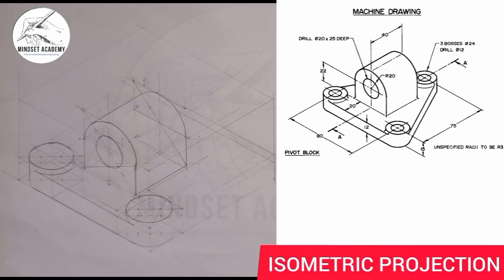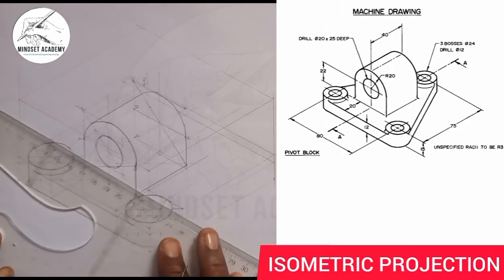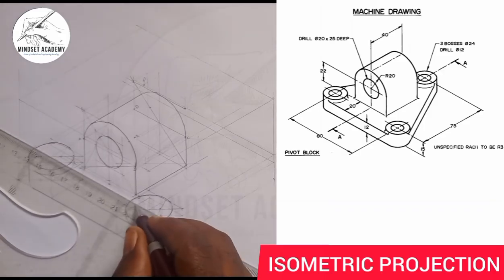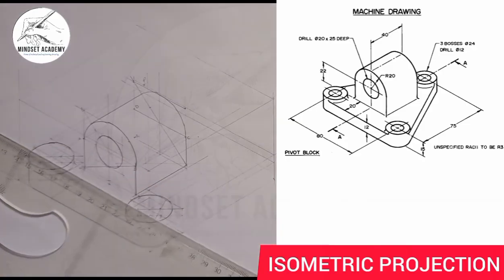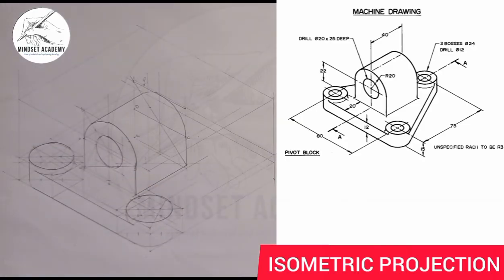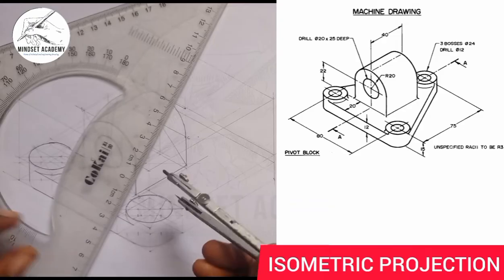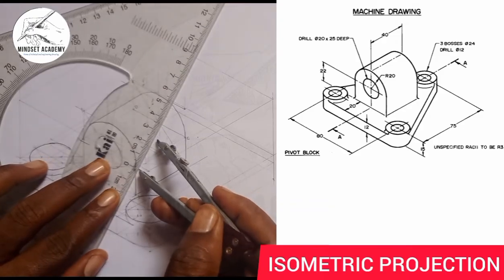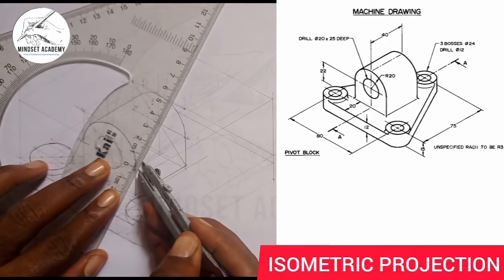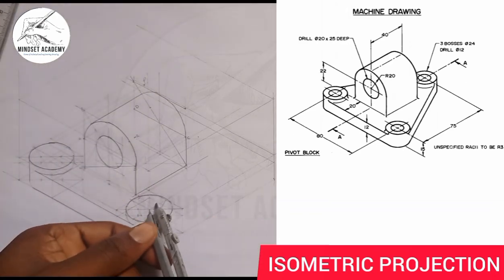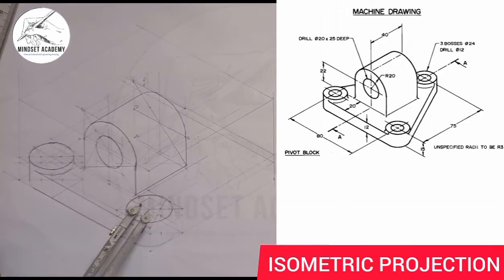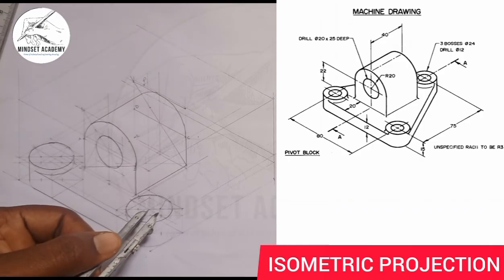If I just take my instrument here this way, then I'll just join this way, and I'll join this way. It's already there, and I'll measure half of 12, which is 6, from 0 to 6, and I'll place it at this point, and I'll mark 6 here, 6 here, 6 here, and what? 6 here.